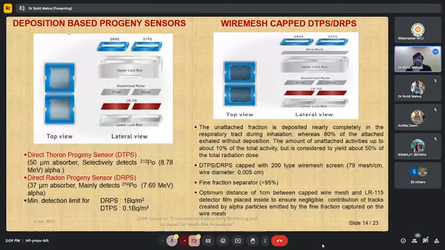And from the DRPS, direct radon progeny sensor, there is an isotope which we call polonium-214, which emits an alpha particle of the energy of the order of 7.69 MeV. Now this 7.69 MeV energy is higher as compared to the sensitivity of this detector. So to bring this energy into the sensitivity range, we have to use a filter.